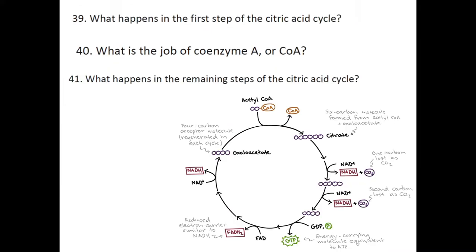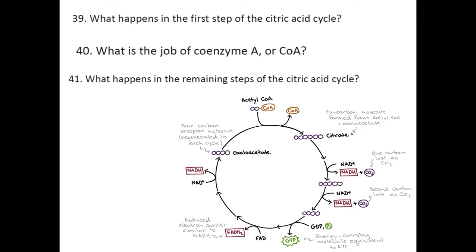Okay. All right. So what happens in the first step of TCA cycle? TCA cycle is a pretty complicated pathway. As you can see, it runs as a cycle. So how is it a cycle? Let's look at the beginning molecule, which is on top. It's acetyl-CoA.